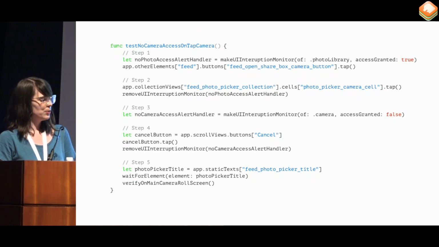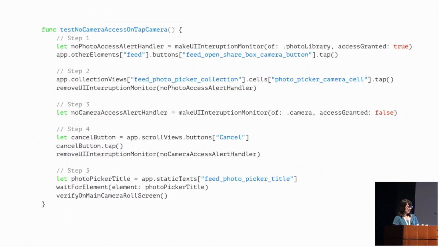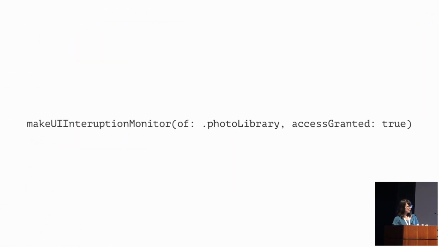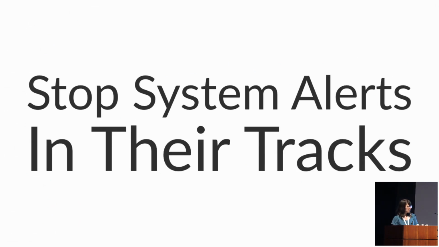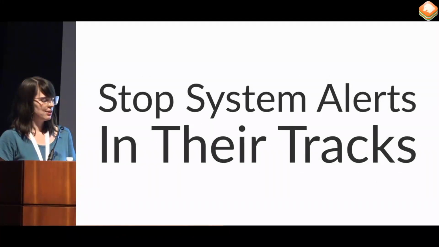I'm going to point out important aspects of these tests that warrant further explanation. First, we have this make UI interruption monitor function. The goal of this is to stop system alerts in their tracks. We need to be able to stop a system alert and then take the action that we want to take on it.